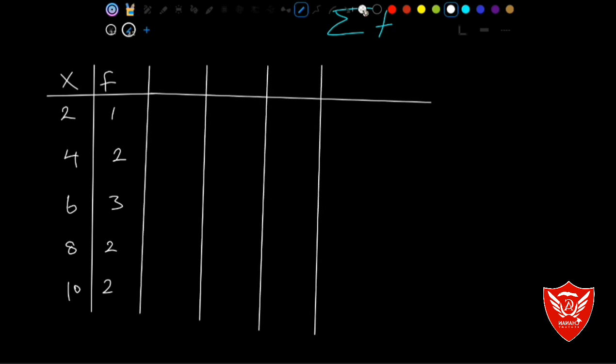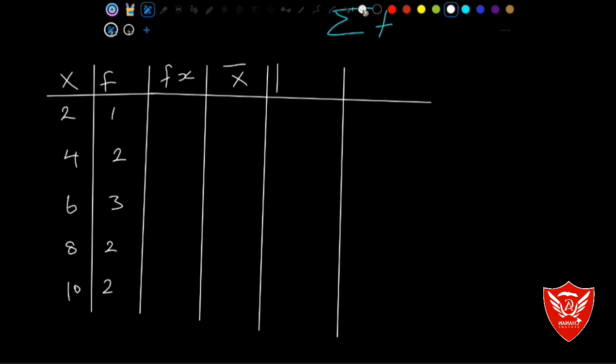Now that you've added 4 more columns, you start labeling each of them. The next column is going to be fx, which is the product of the value and the frequency, and the next is going to be the mean. The next is the absolute value of x minus the mean, and the last is the product of the frequency multiplied by the absolute value of x minus the mean.